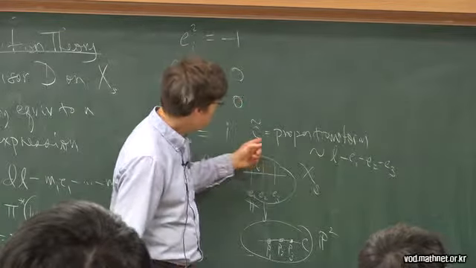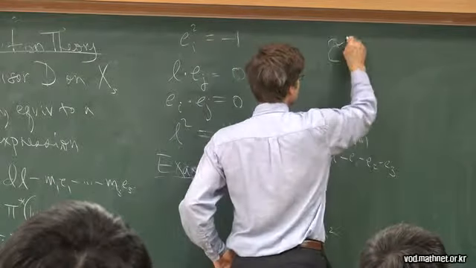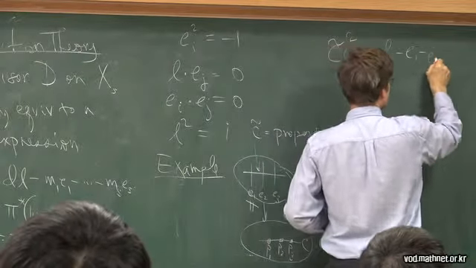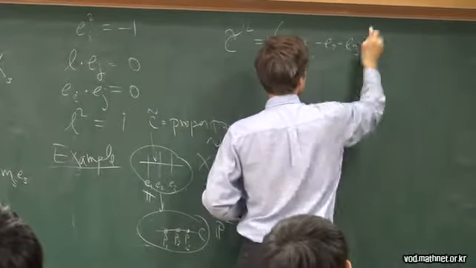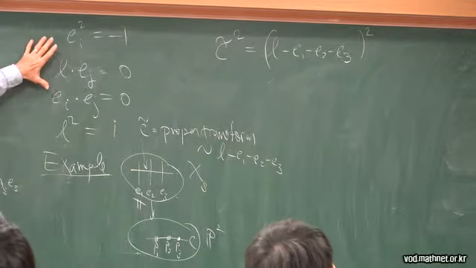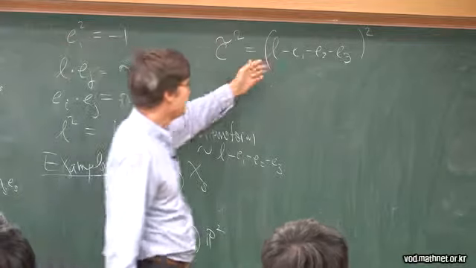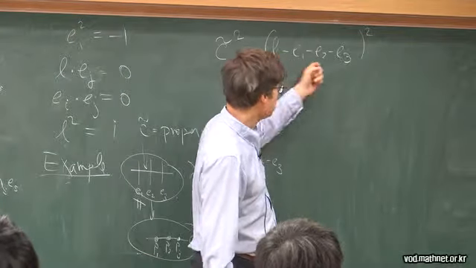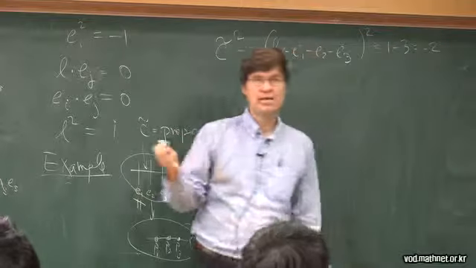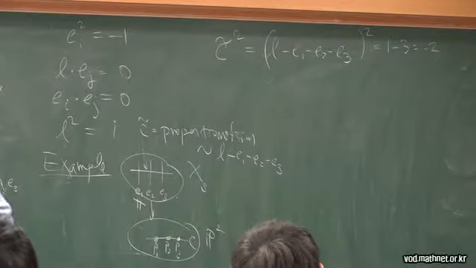And so we can compute the self-intersection. That's just going to be the self-intersection, and then using linearity we can compute, these are orthogonal, so it's going to be 1 minus 3. So here we get a curve of negative self-intersection.